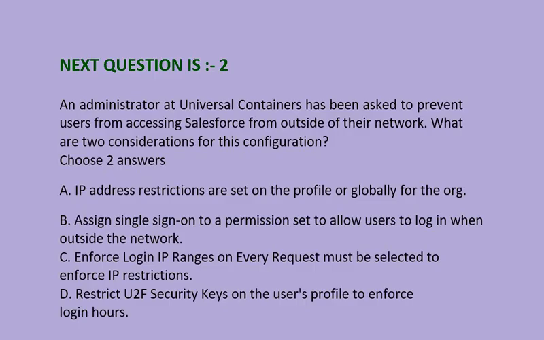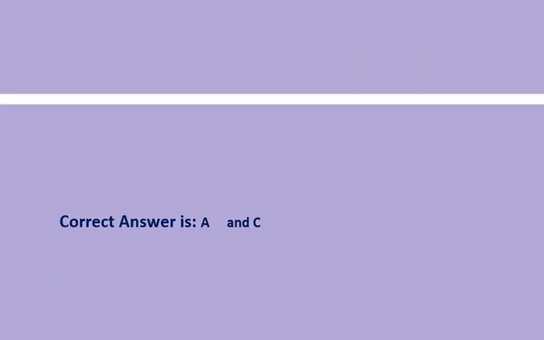Option B. Assign single sign-on to a permission set to allow users to log in when outside the network. Option C. Enforce login IP ranges on every request must be selected to enforce IP restrictions. Option D. Restrict U2F security keys on the user's profile to enforce login hours. Correct answer is option A and option C.